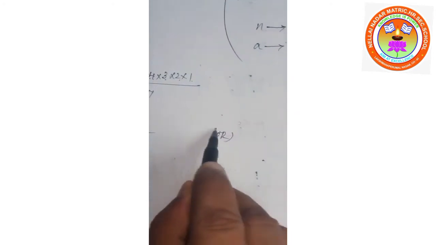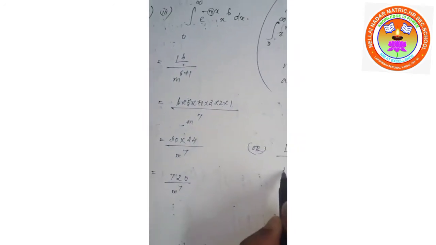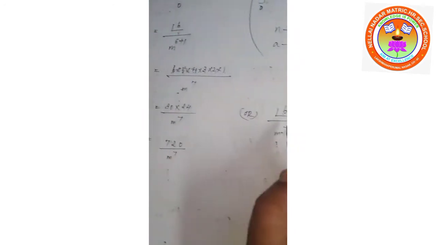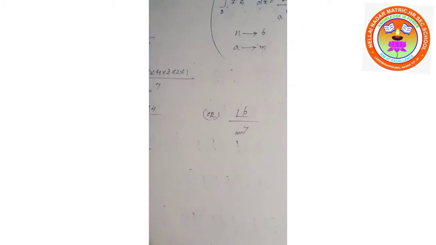Or you can stop at this stage, factorial 6 divided by m power 7. Both the answers are correct only. I will be doing the fourth subdivision in the next video.